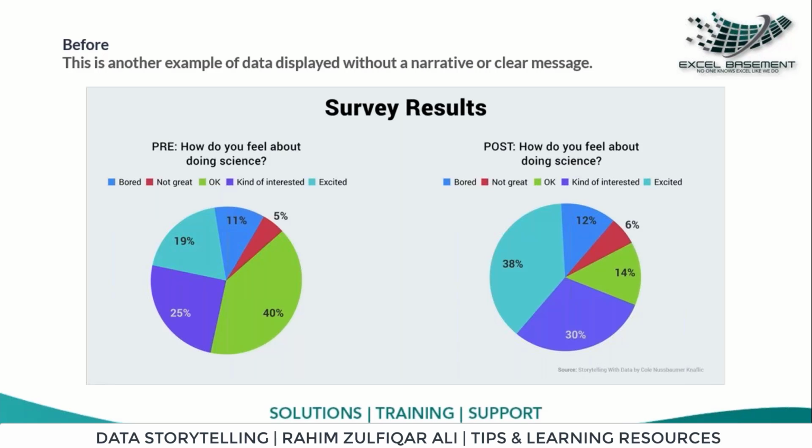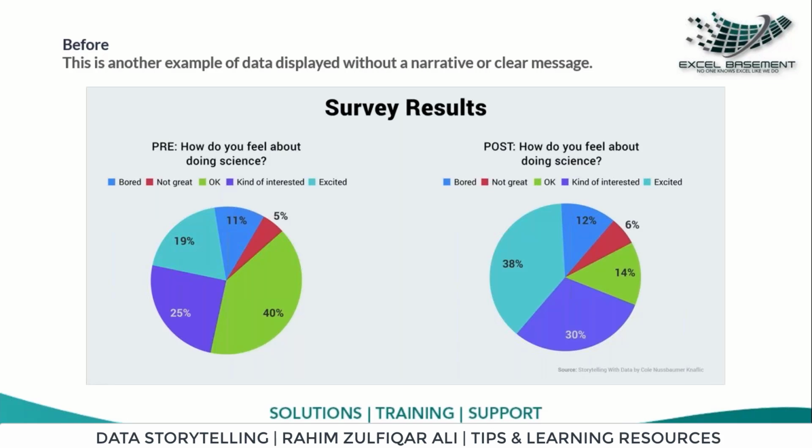Some said the course is okay. Some of the participants said that they were excited. After the training, the results were produced again, and the post results have a different kind of opinion from the pre. But still, this kind of chart is without a narrative, and narrative is very important.